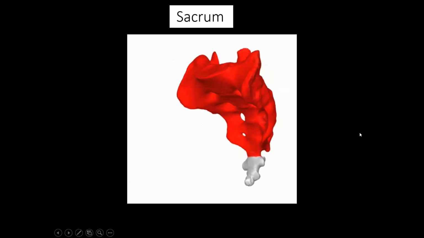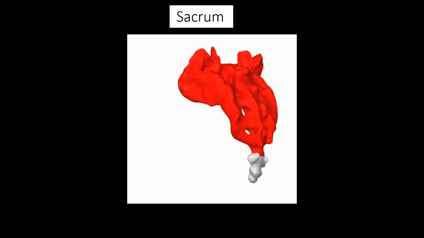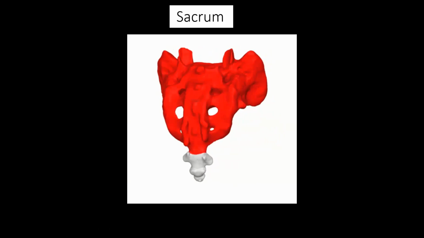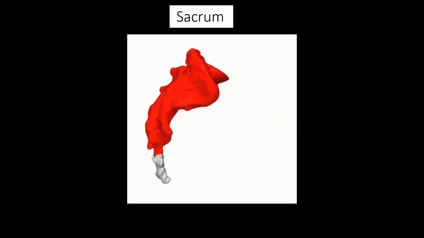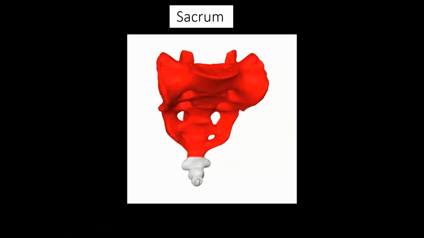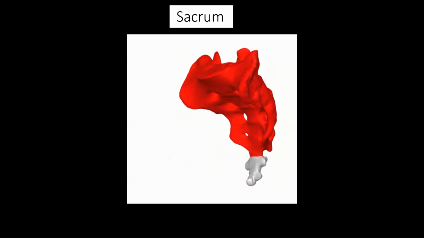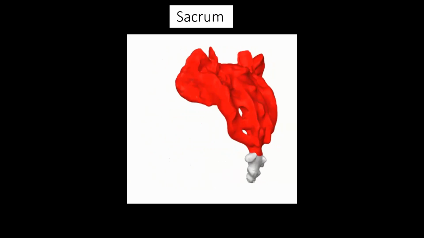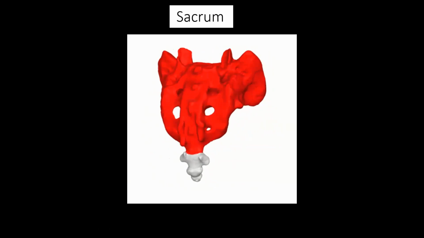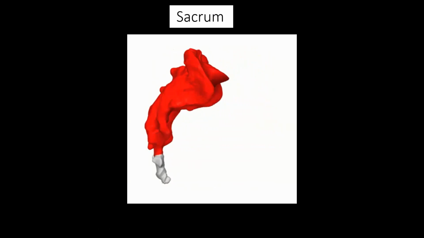Okay. There's the sacrum. You can see the openings there. Those are called the intervertebral foramens. And we have lots of intervertebral foramens. Those are the foramen between the vertebrae, intervertebral.